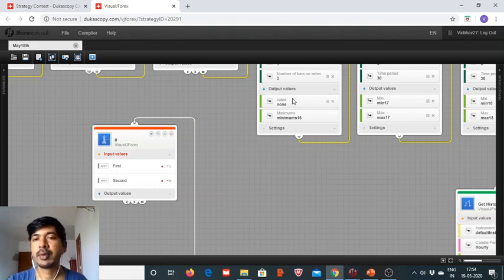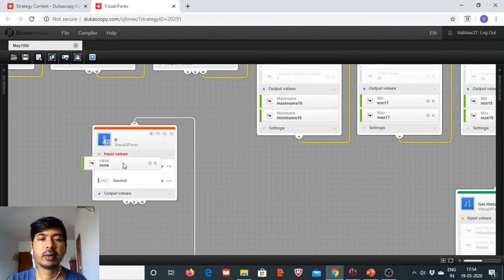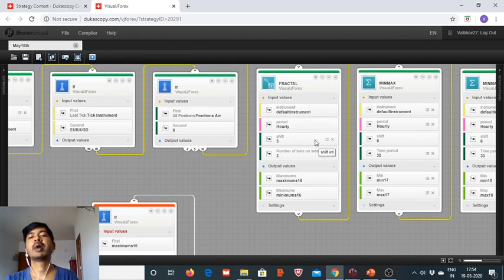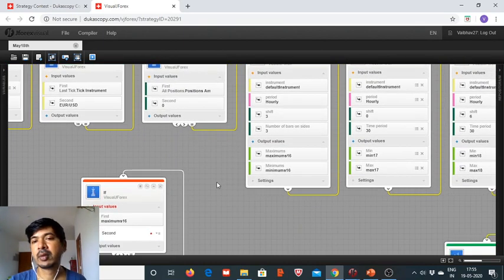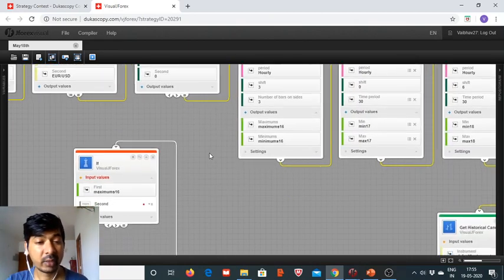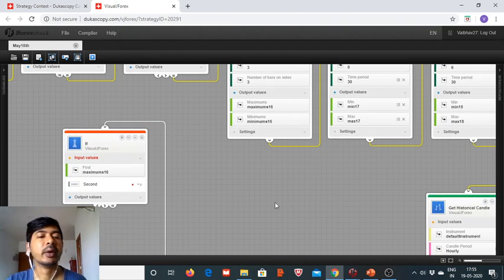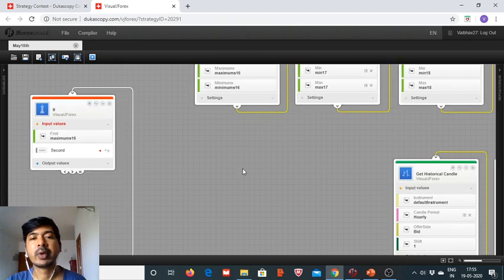To make sure, we will need to compare maxima 16's value. We have defined these with shift 3 and the number of bars on each side is also 3. So only after 3 hours have passed since the formation of the maxima, the setup will complete.